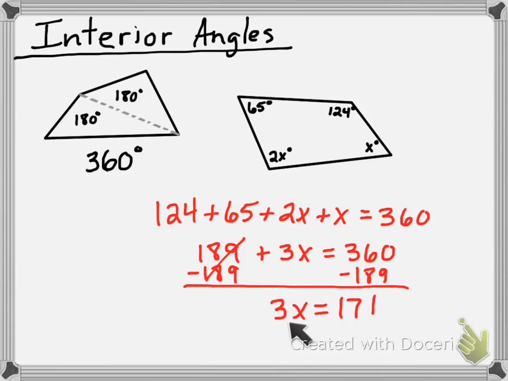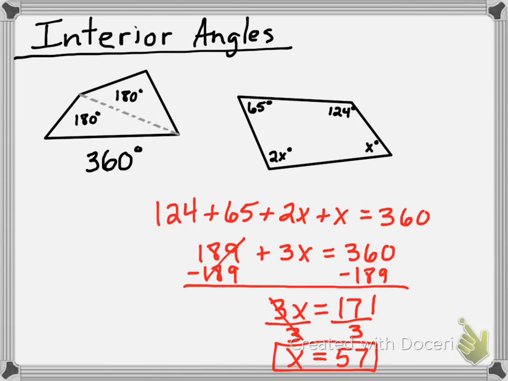Well, how do I get rid of the times 3? I divide by 3. So that gives me x equals 57. See, even when we're doing geometry and angles, we still have to use our algebra skills. Right? So we've just solved an algebraic equation to find a missing value for an angle for this quadrilateral.